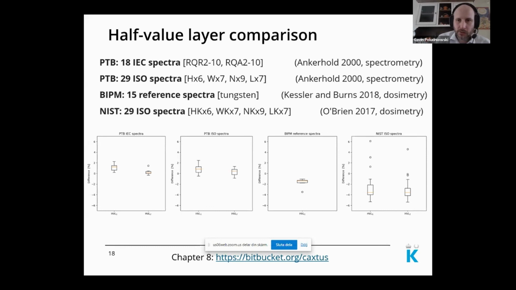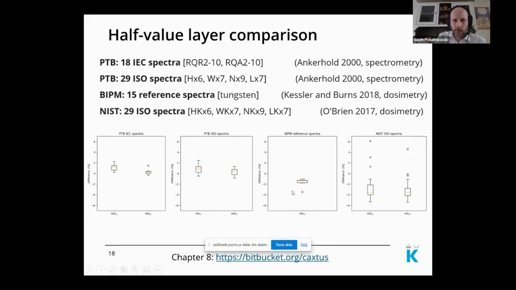So here are some box plots showing the difference between the SpecPy predictions based on the information I have from those references and some other sources on things like the anode angles and the filtrations and tube potentials. And you can see that the agreement for PTB for the IEC and the ISO spectra is of the order of 1% with a fairly narrow spread.